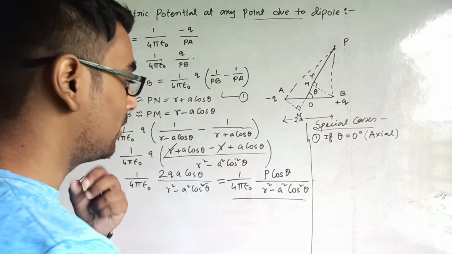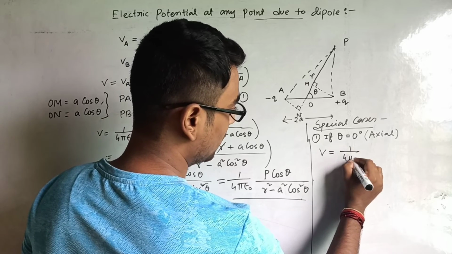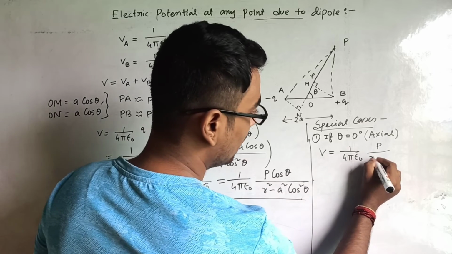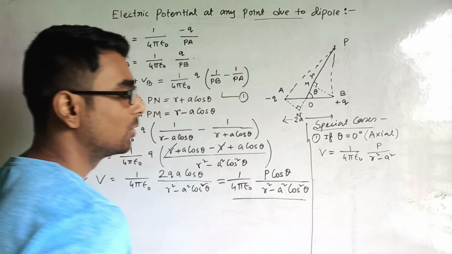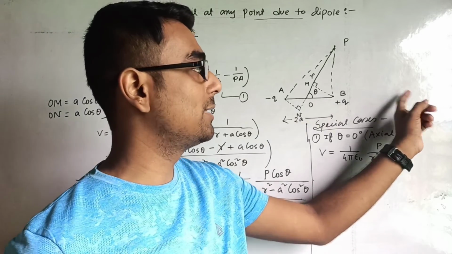If we put theta as 0, it will give 1 by 4 pi epsilon naught p by R square minus a square. This is the expression for the potential if the point lies on the axial line.